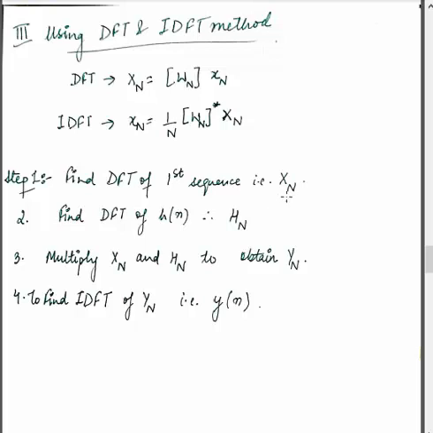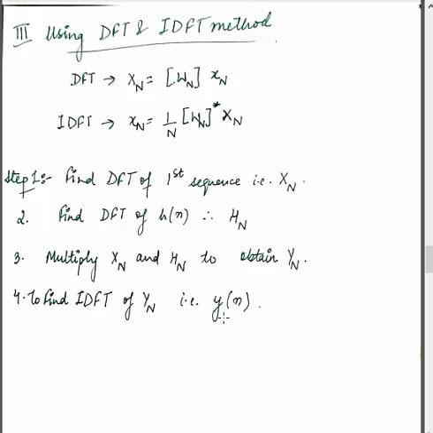So the DFT of x of n is X of k, or X in matrix form, where capital X is the transform and small x is the input sequence. Next, find out the DFT of the second sequence, that is h of n. Then multiply these two to obtain the output Y of k. Then, as the last step, find out the IDFT of this to get y of n. So this is all about the DFT and IDFT method.